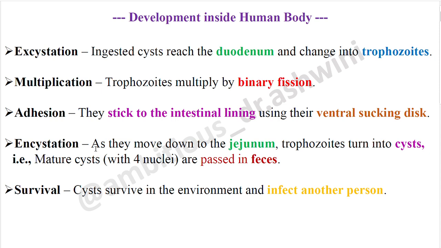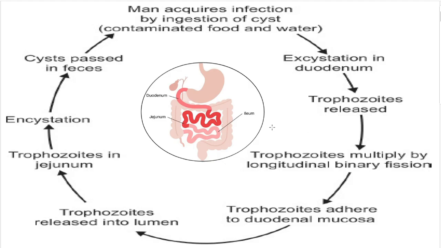Next, encystation happens. As they move down to the jejunum, trophozoites turn into cysts, that is, mature cysts with four nuclei are passed in the feces. Next is survival. Cysts survive in the environment and infect another person. So this is the life cycle of Giardia lamblia.